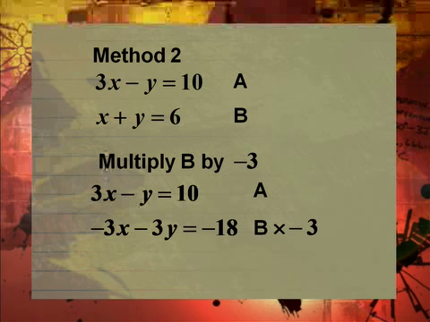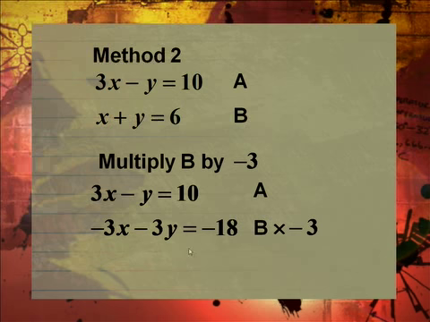Minus 3 times x is minus 3x. Negative 3 times the y is negative 3y. And 6 times the negative 3 is minus 18. You've taken that equation and multiplied everybody in B by negative 3.